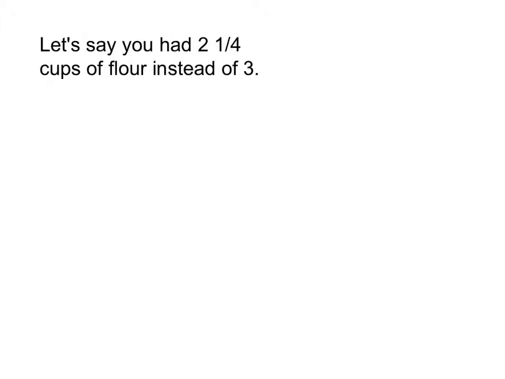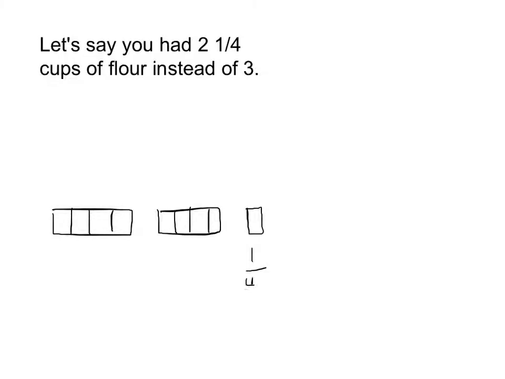So instead, let's try starting with 2¼ cups of flour. So here's 1 cup of flour, here's another cup of flour. And here we've just got 1/4 of a cup. So now how many batches of pancakes can we make?